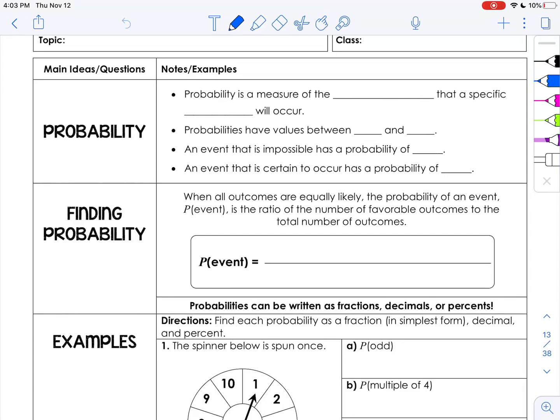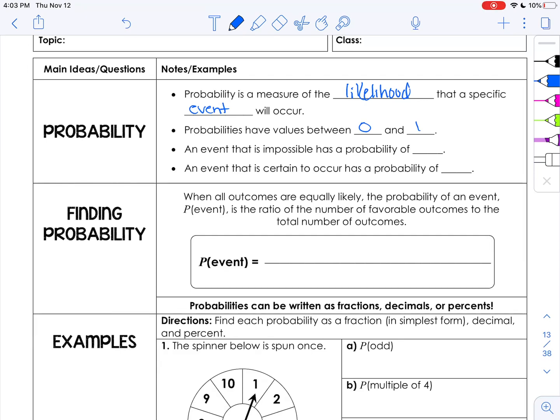In this lesson, we're going to be looking a little bit more in depth at finding probability. Remember, the probability is a measure of the likelihood that a specific event will occur. Probabilities have a value between 0 and 1.